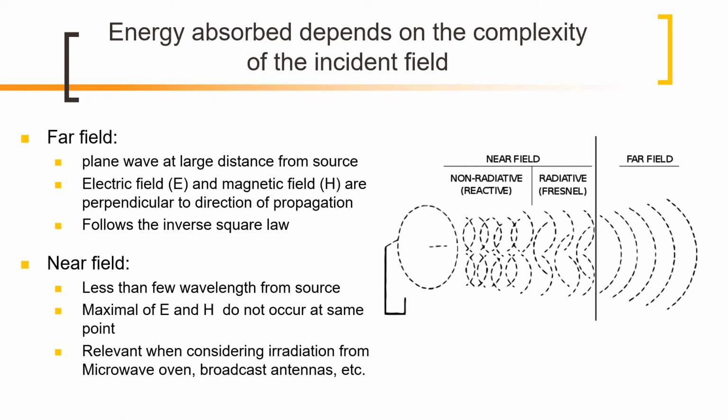So the wave itself is a large number of wavelengths away from the source causing it. In this region, the electric field vector and the magnetic field vector are perpendicular, they sustain each other, and it is actually this far field that obeys the inverse square law. So the physics of the far field is well known and well characterized.